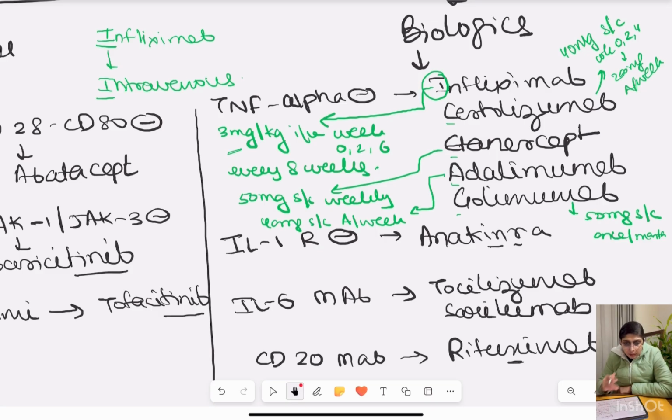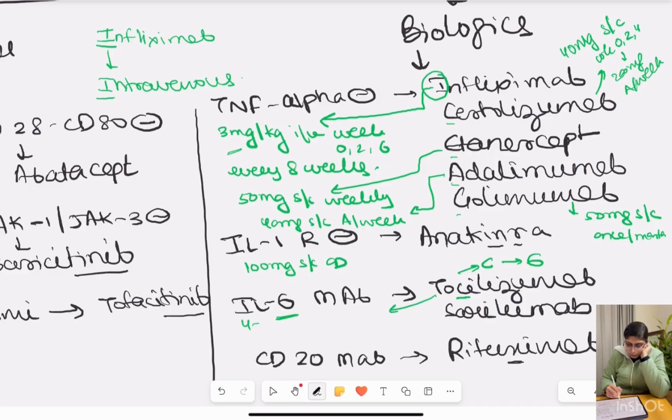Then if we talk about anakinra, the dose is 100 milligram subcutaneous daily, OD. If we talk about tocilizumab, remember it from C, 6. This is how you remember that tocilizumab is a monoclonal antibody acting against interleukin 6.